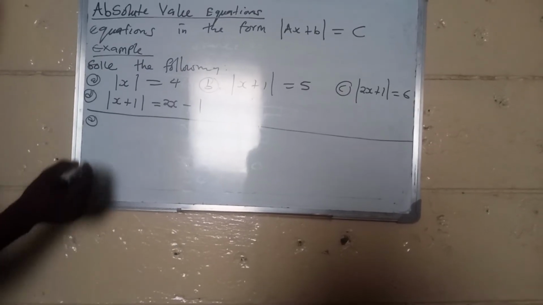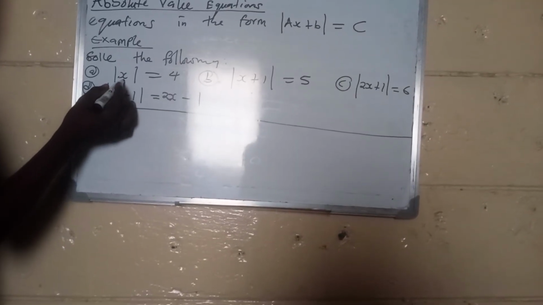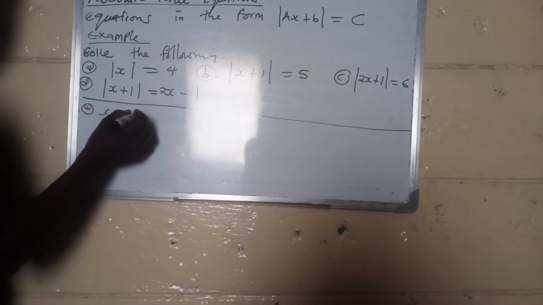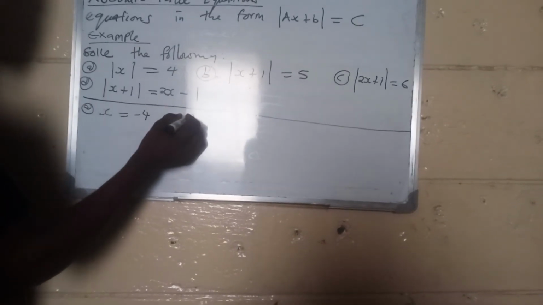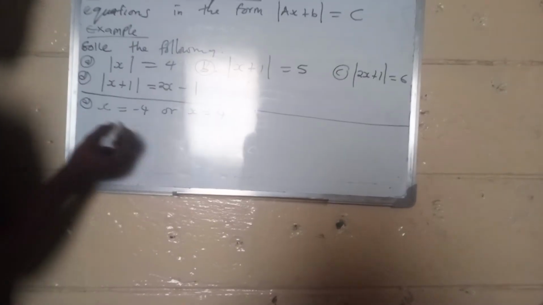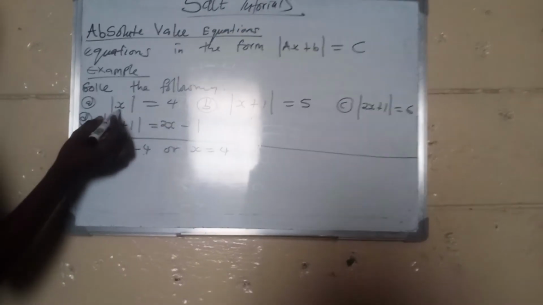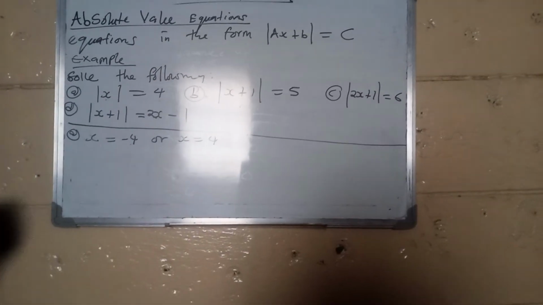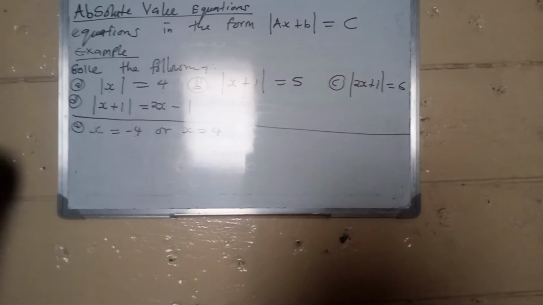According to the definition, this is just the distance from 0 to x. So x can be equal to -4 or x can be equal to +4. Once I put 4 or -4 in the absolute value, it will still come out to be +4. So this is the simplest of them all.